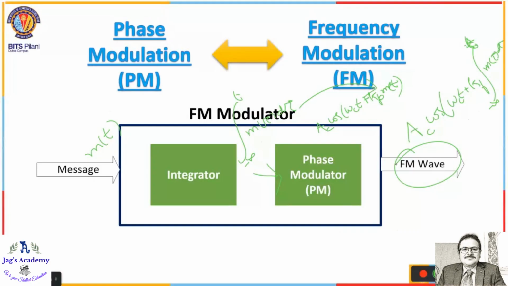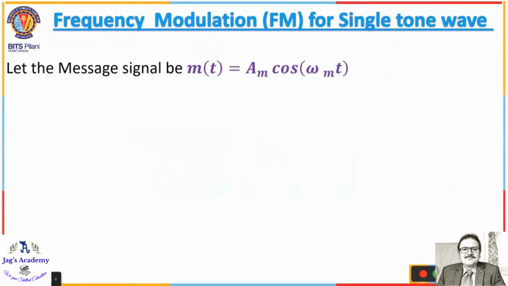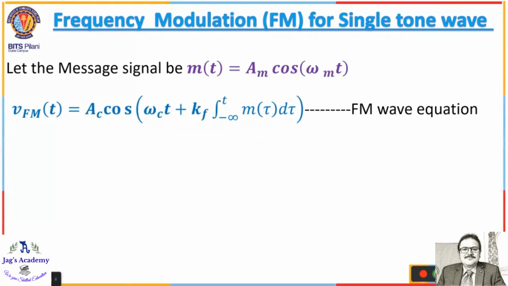Get one from the other. That's why I told you this FM and PM are the same. Both are the same. Only the representation differs. That's all. Right? Okay. So now, if you see this, I'm going to show you a device. This is your FM wave equation. This is the equation of an FM wave.